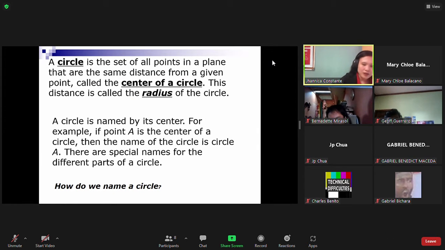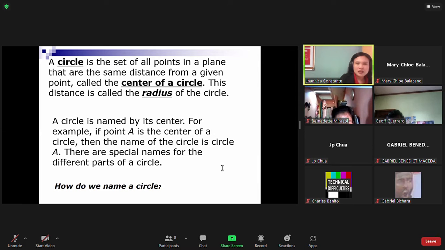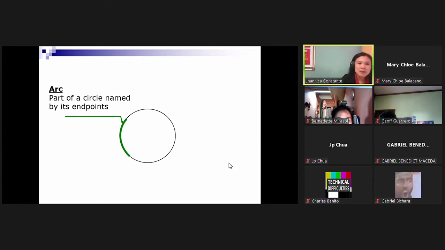So we have different parts of a circle, each with a special name depending on its characteristics and its function in the circle. First, we have the arc. We have two types of arc, the minor arc and the major arc. An arc is the part of the circle that is named by its endpoints.